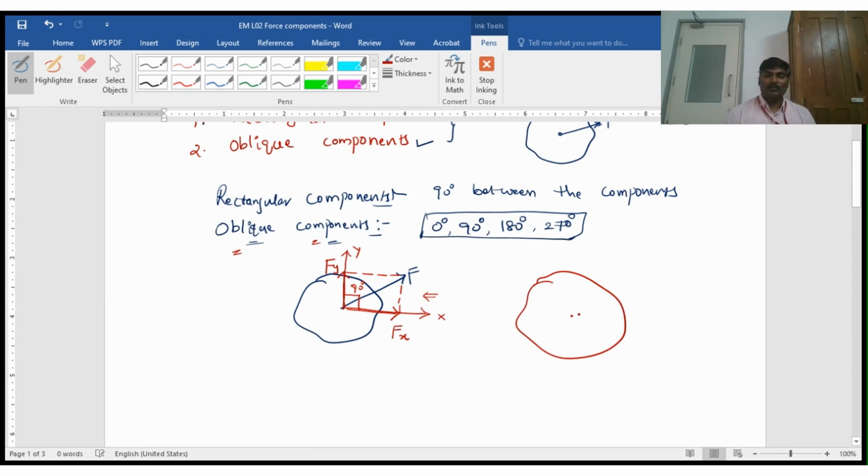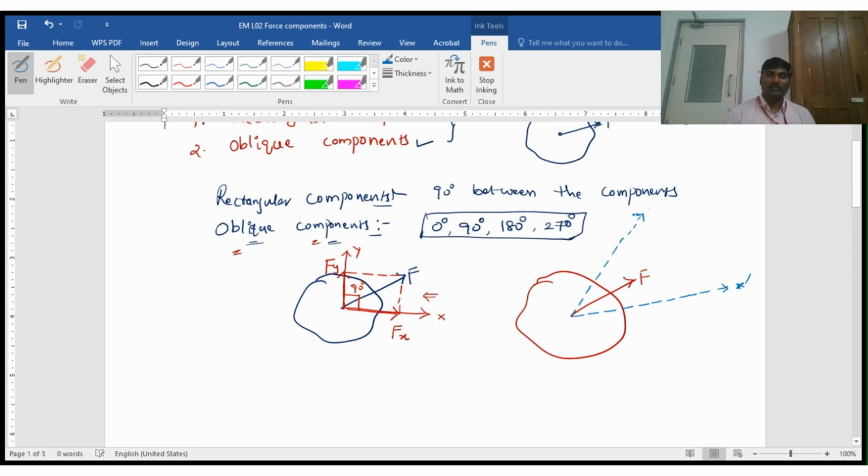Let me consider the force again. Now, how do the oblique components look? For example, this is the direction of one of the components, let us say x dash. Similarly, some other direction, say y dash.